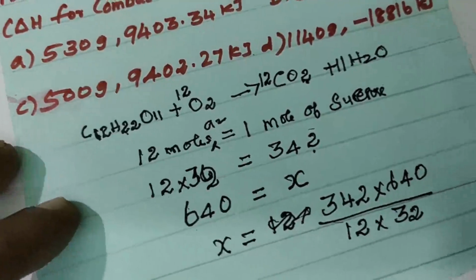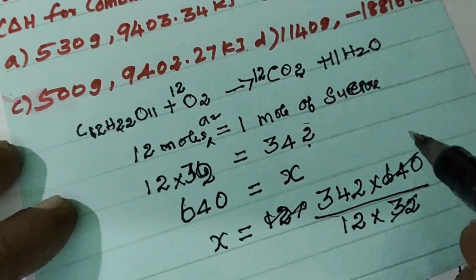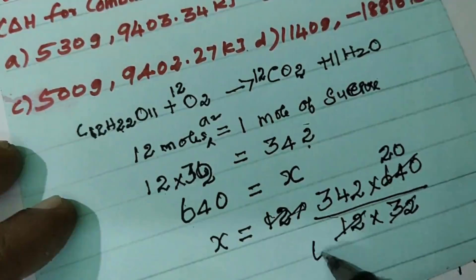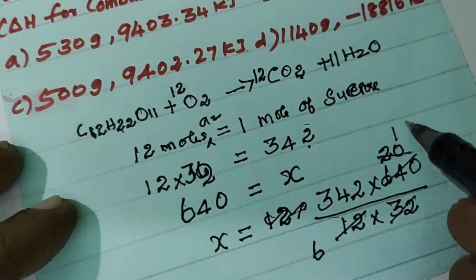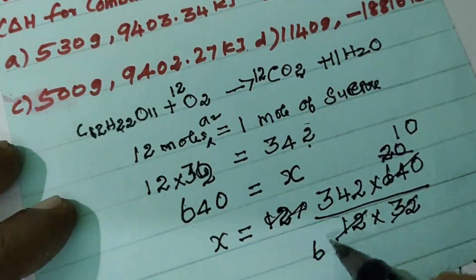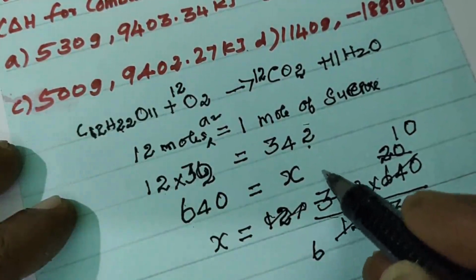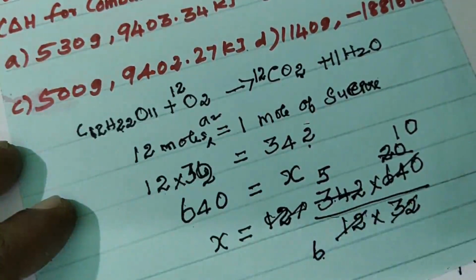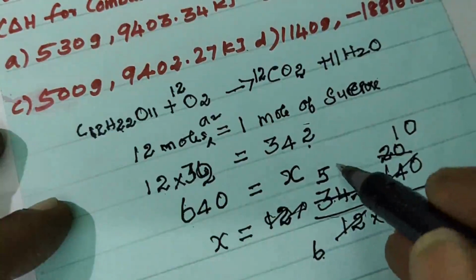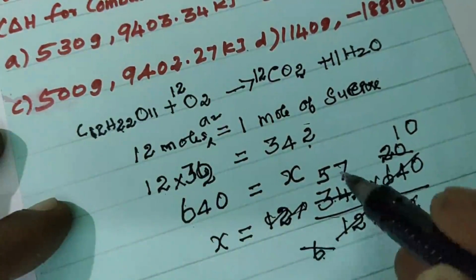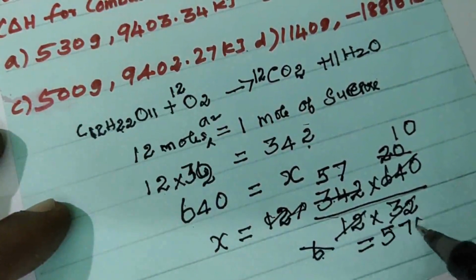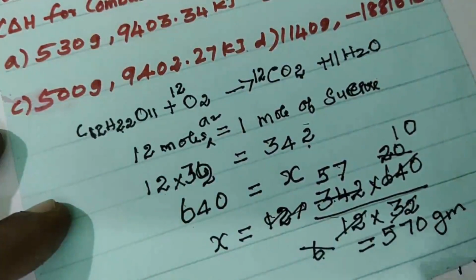Simplifying, 32 into 20 is 640, and dividing, we get 570 gram. So the first answer is 570 gram.